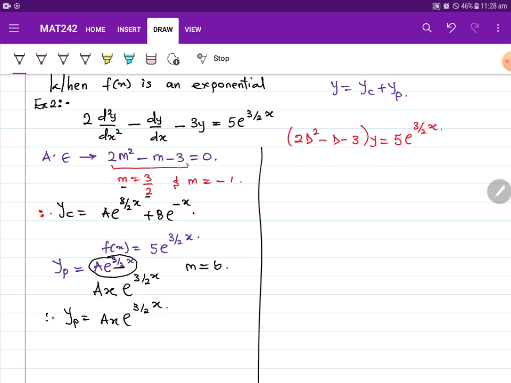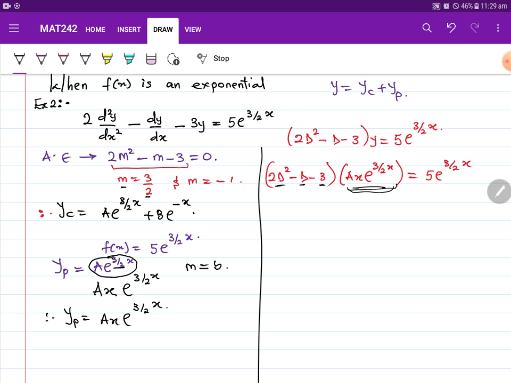Now, putting that into the operator, that's the same thing as 2D square minus D minus 3 into bracket ax exponential 3 over 2x is equal to 5 exponential 3 over 2x. If we open this bracket, this 3 will multiply this, D means we are differentiating once, and D square means differentiating twice.